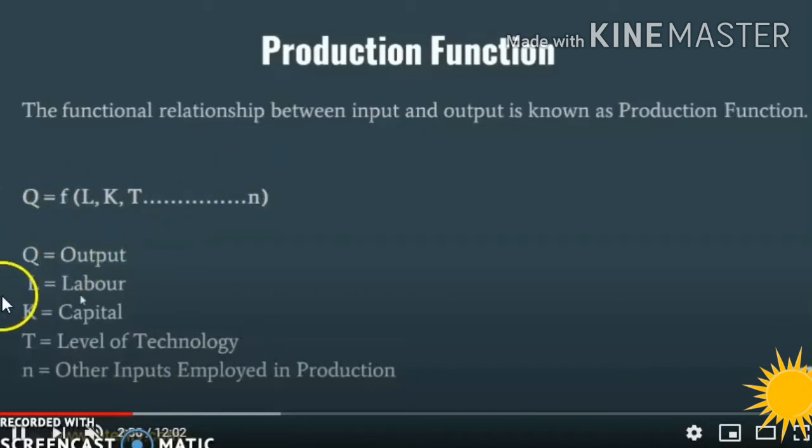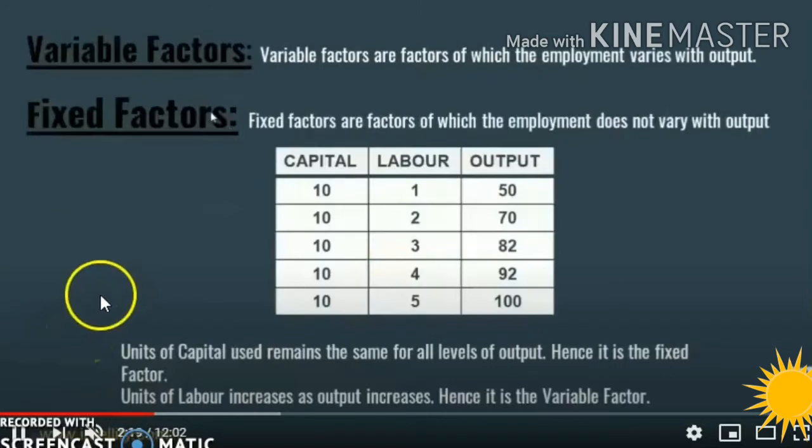Q is output, L is labor, K is capital, T is the level of technology, and N is other inputs employed in production. So output is related to the labor employed, the capital inputted and the level of technology given.